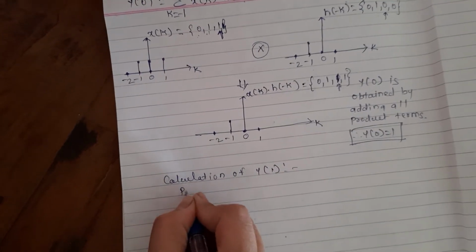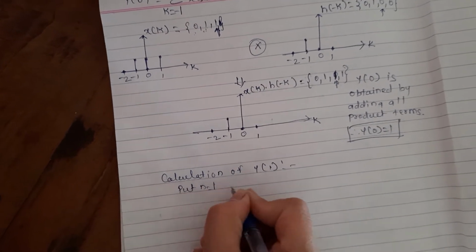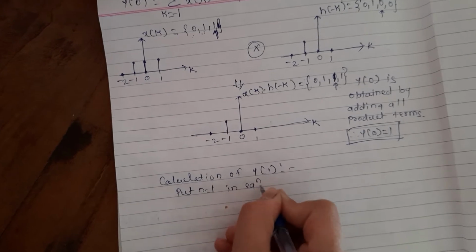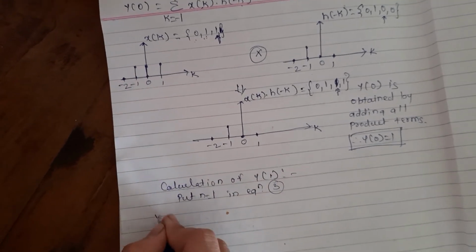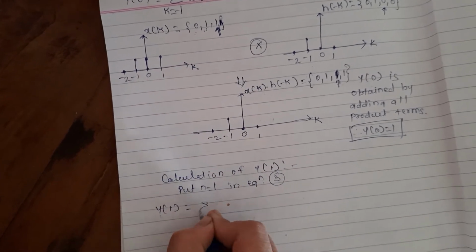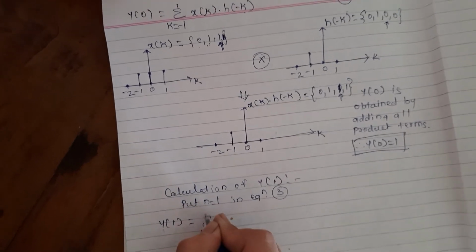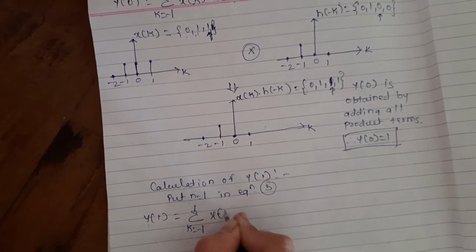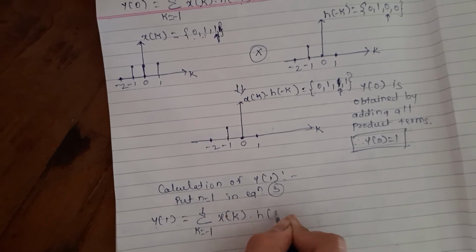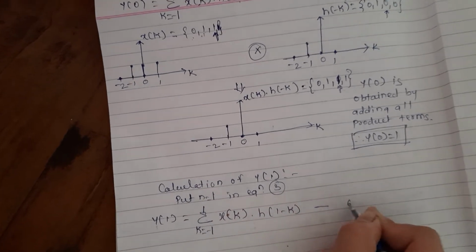Next is calculation of y of 1. Now put n is equal to 1 in equation 3. So equation 3 becomes y of 1 is equal to summation k goes from -1 to 1 x of k h of 1 minus k, equation 6.